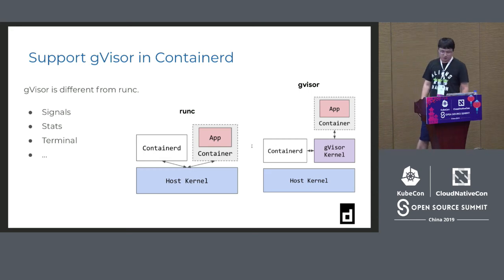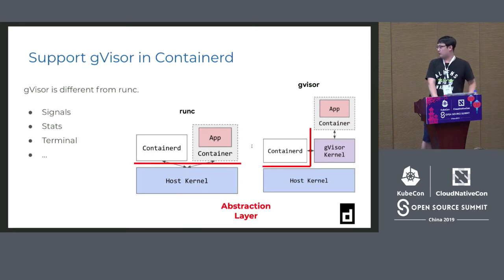But for gVisor, all the container processes run on the gVisor kernel. You cannot directly get this information from the host kernel, so you need to talk with the gVisor kernel for it. So containerd needs different behavior to treat gVisor and ordinary runc, and we need a layer of abstraction, under which they can have different behavior.